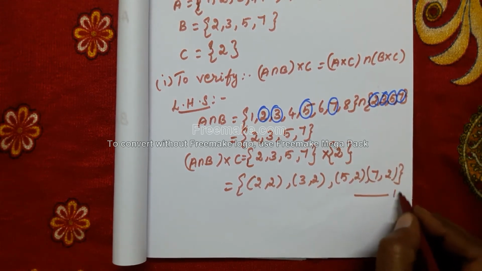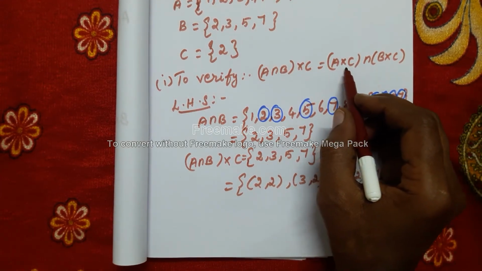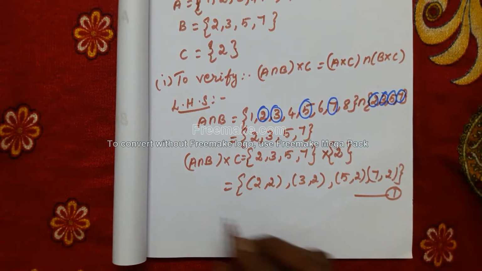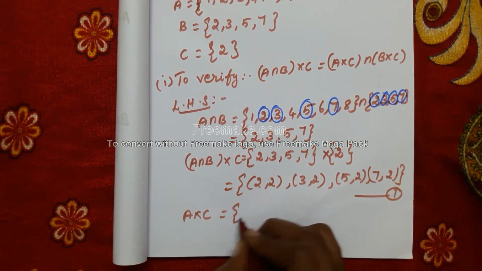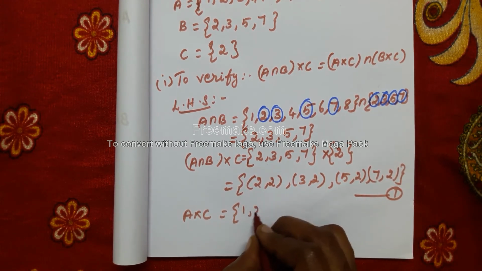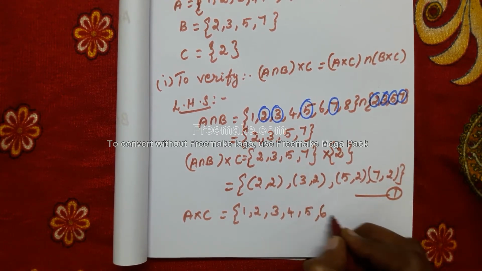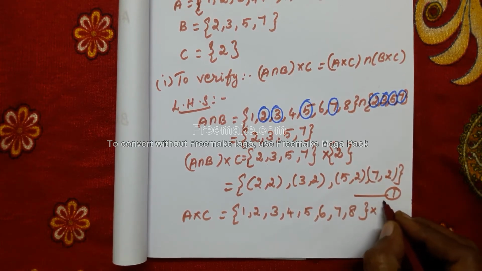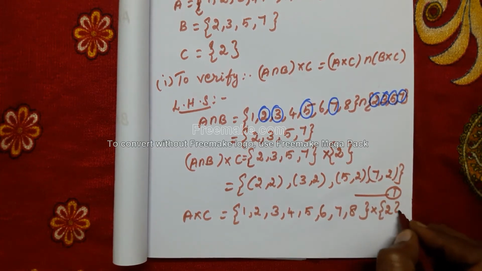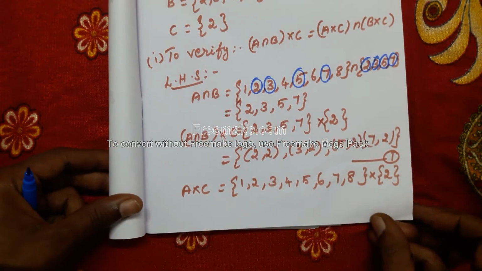It is equation 1. Next, what we have to find out is A cross C. A cross C is equal to 1, 2, 3, 4, 5, 6, 7, 8 cross C, which is 2.